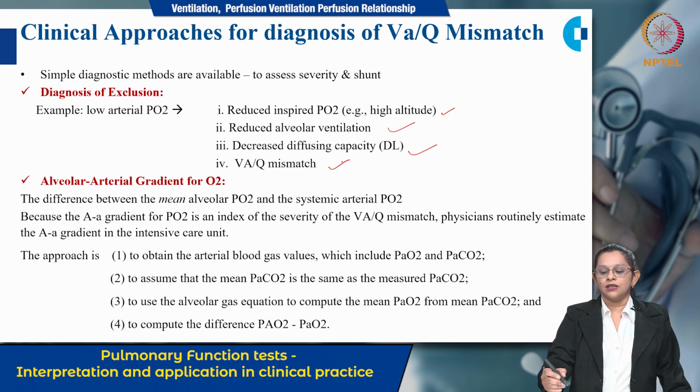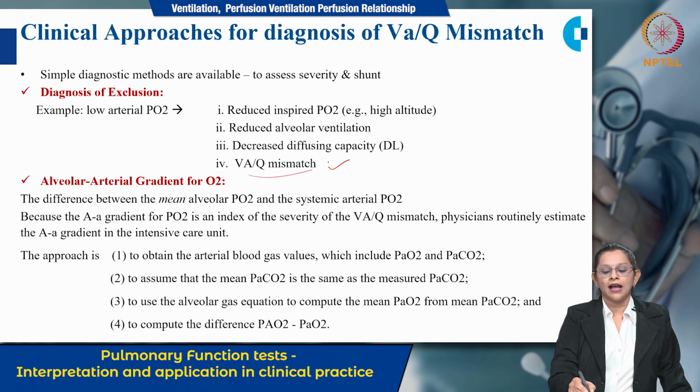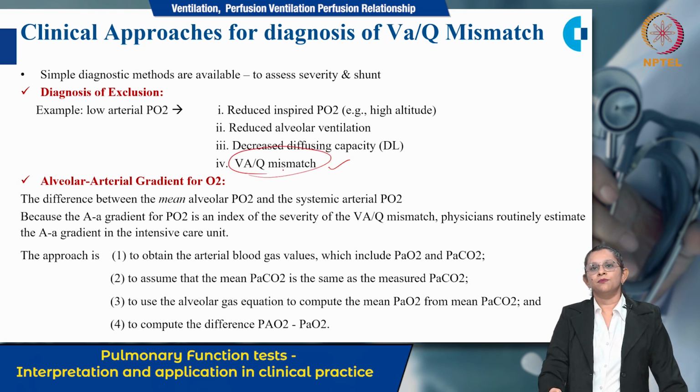If the altitude is appropriate, you can rule out this diagnosis. If the spirometry values are normal, you can rule out reduced ventilation. The diffusion capacity may be decreased, but that is a very rare condition, so you can rule that out. So, you can come to a diagnosis of VA/Q mismatch by exclusion.